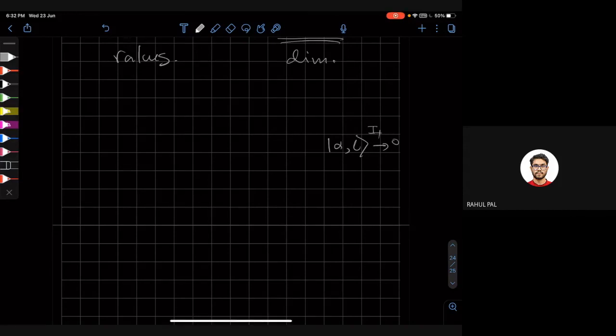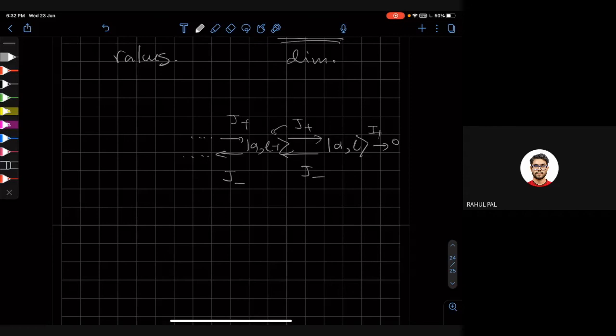If you apply, say, J minus on it, then you get alpha L minus 1. But if you apply J plus on this guy, then you get to the highest weight state. And then you can go down the ladder by applying J minus and go up the ladder by J plus, and so on.